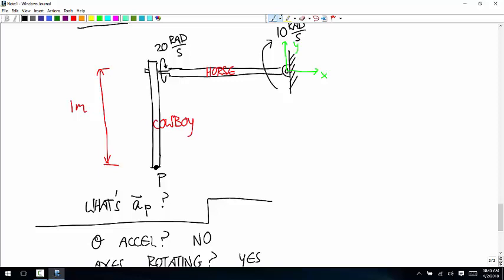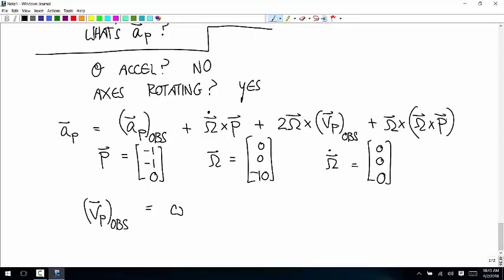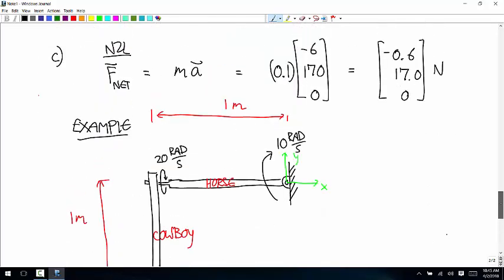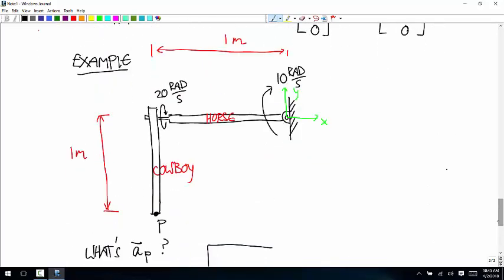So we're just watching this point. You know, we're a little far away from it, but we're just watching this point in circular motion around the x-axis. So this is going to be lowercase omega cross r. What's lowercase omega? Negative 20, 0, 0.